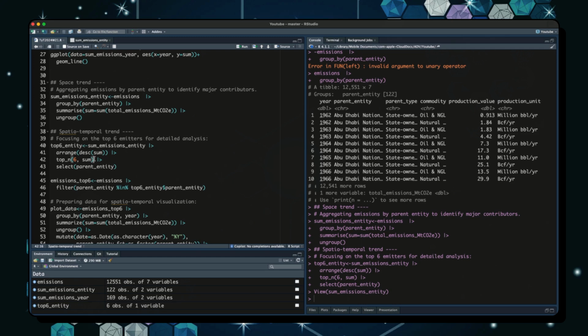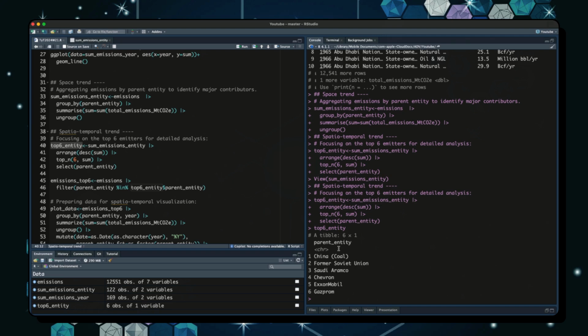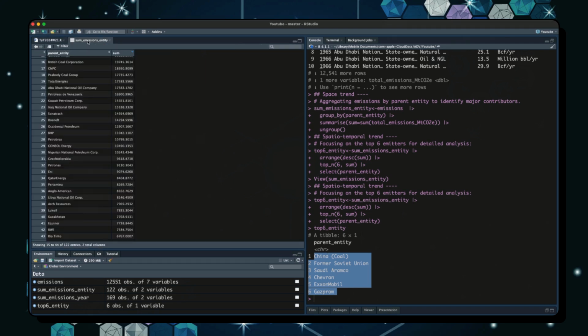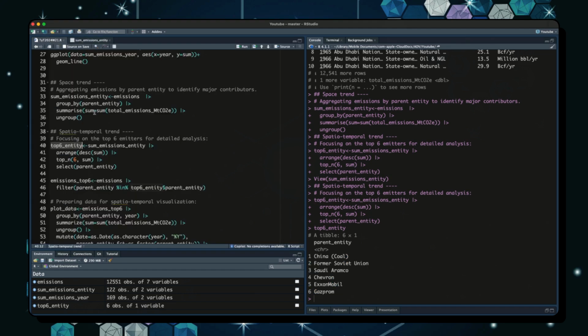Let's focus here on the highest 6 emission entities. So our 6 entities that produce the most carbon emission are listed here, starting with China, which is the most important producer, as we see just here. So all that is good.